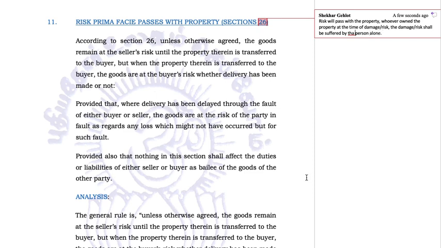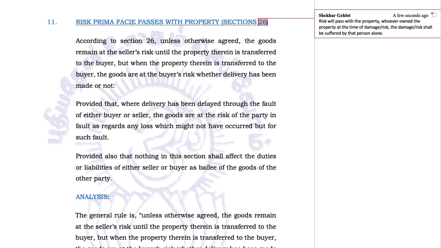It simply means that whoever is the owner of the property at a particular point of time will bear the risk, or will suffer the damage in case there is some damage to the property or some risk happening with the property.